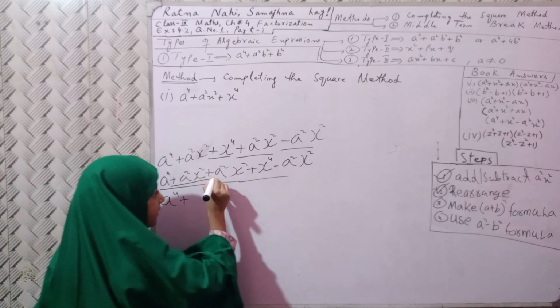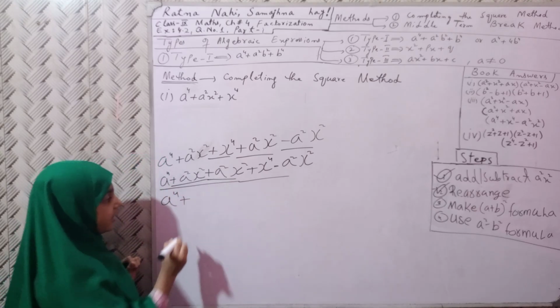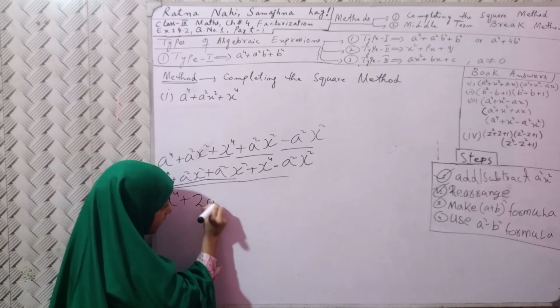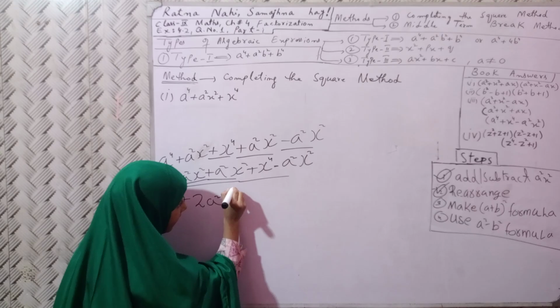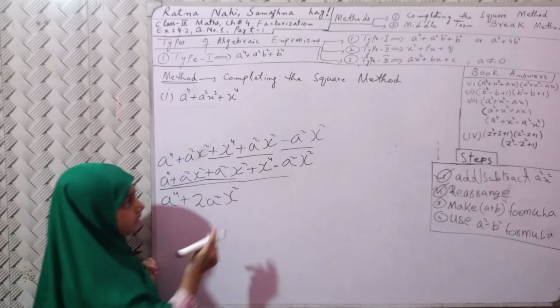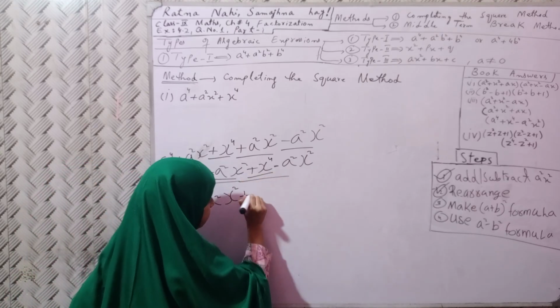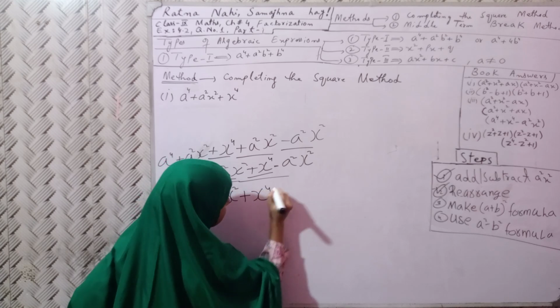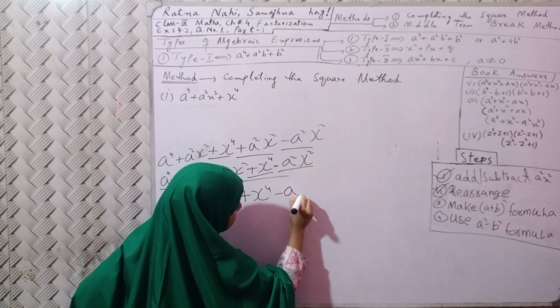We will add only these, and it becomes 2a square, x square. And this will become as it is, and this will also become as it is.